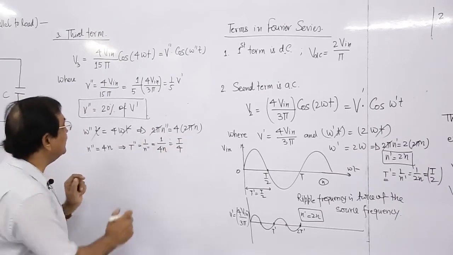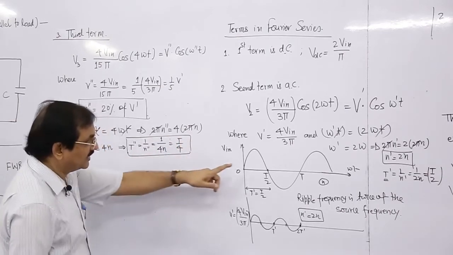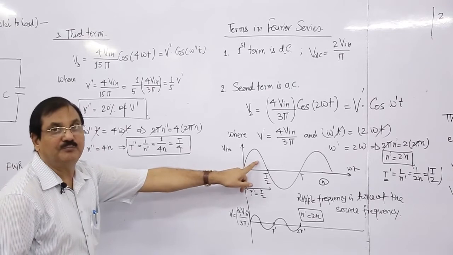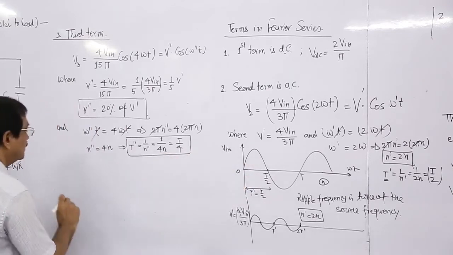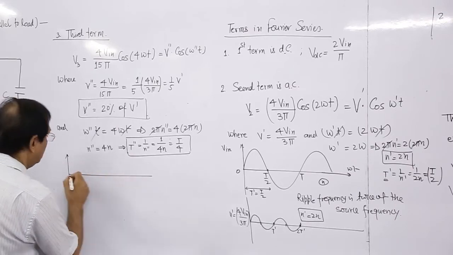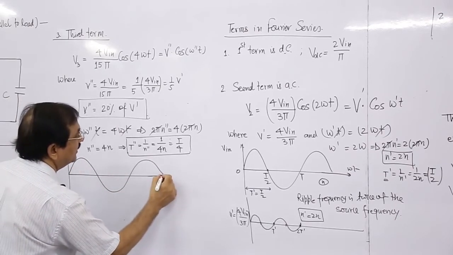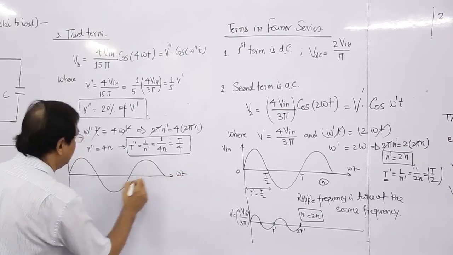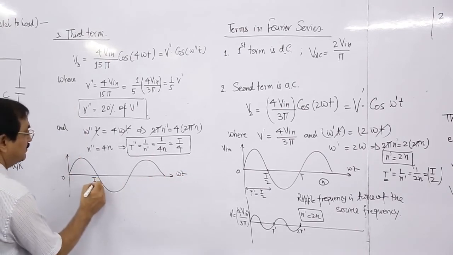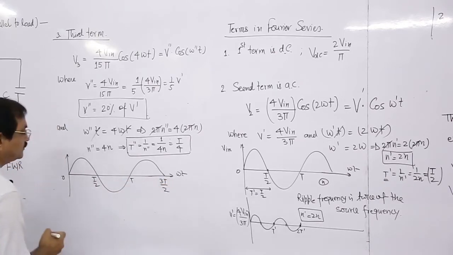How can you visualize this important factor? Suppose this is the input. So, if again we draw, this is omega t, 0, t by 2, this is t, this is 3 t by 2.